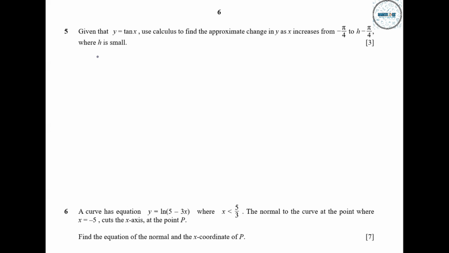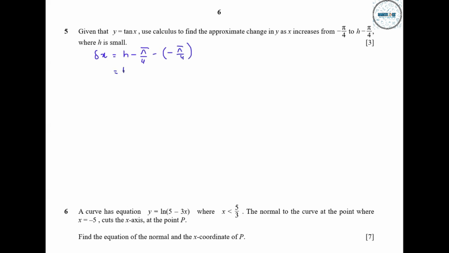So now we are going to do question number 5. Given that y is equal to tan x, use calculus to find the approximate change in y as x increases from minus pi upon 4 to h minus pi upon 4, where h is small. So first of all, we can find out change in x, delta x, which is equal to h minus pi upon 4 minus minus pi upon 4.